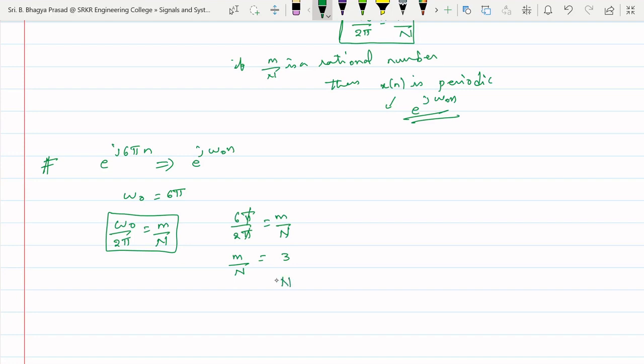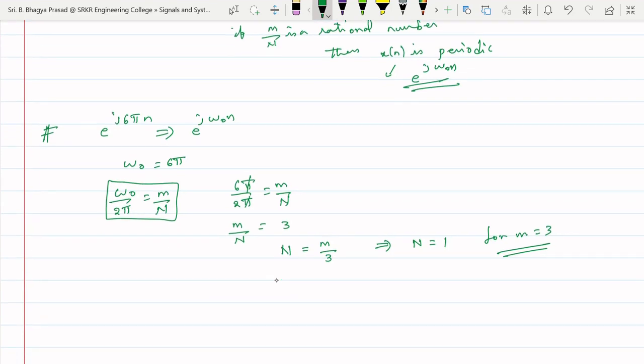So n equals m by 3. The least possible integer n value is 1 for m equal to 3. So the above signal is periodic with n equal to 1 for m equal to 3.